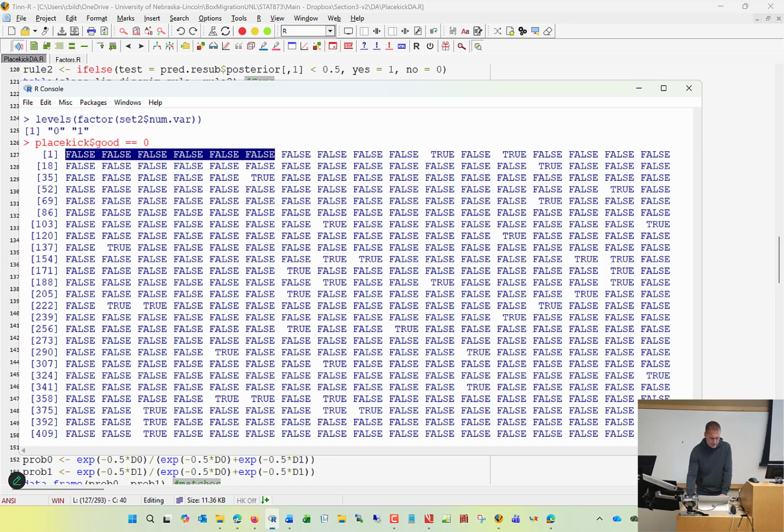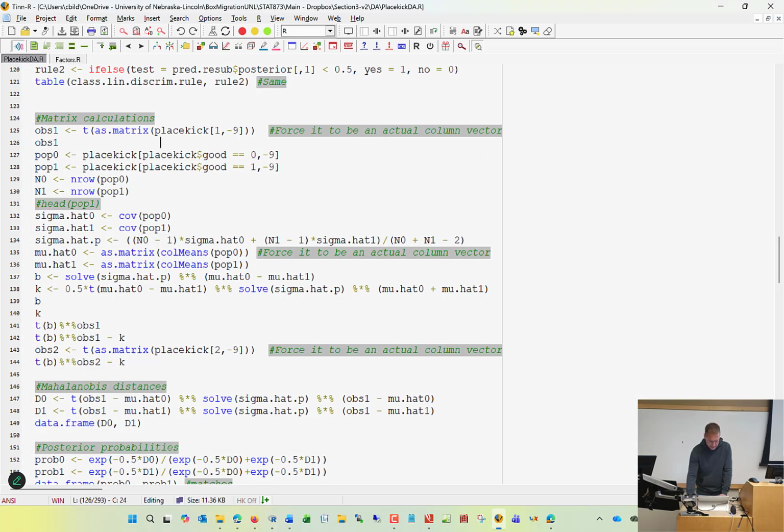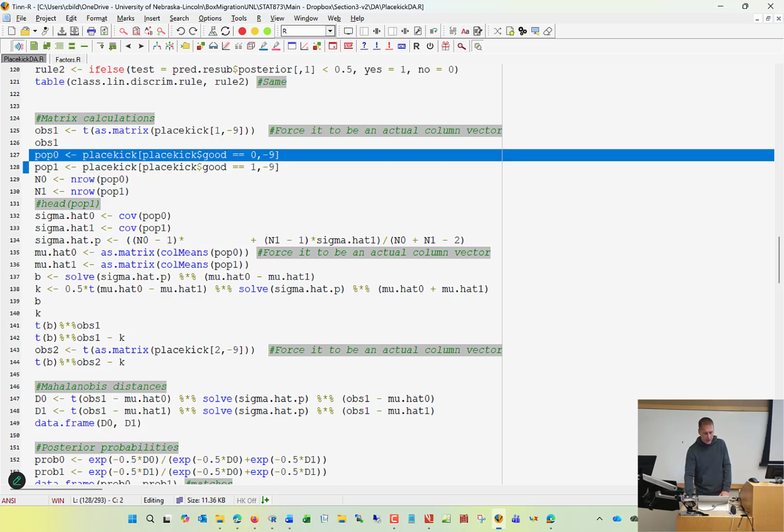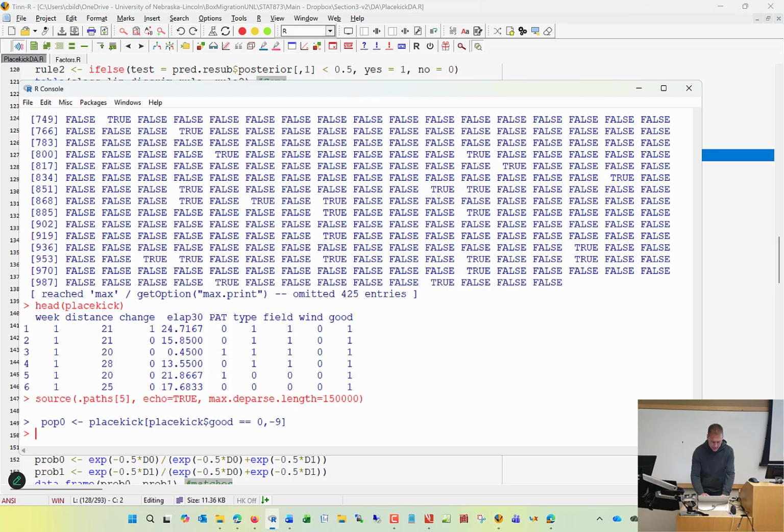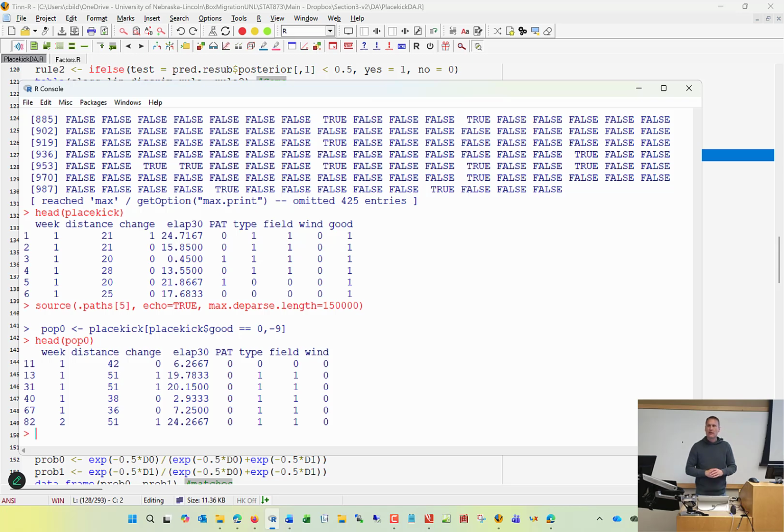So when I put falses and trues in terms of the row index of place kick, what's going to happen? It's only going to return the true rows. So if I run this segment of code and do head pop 0, well, trust me, if good was there, it would actually be all 0s.